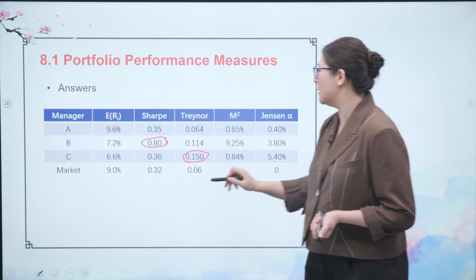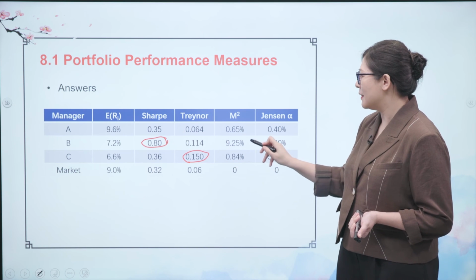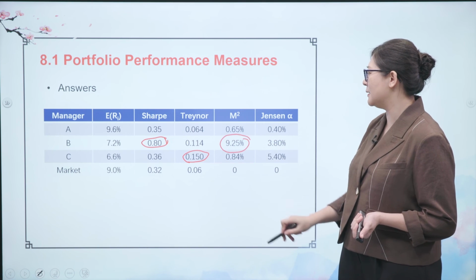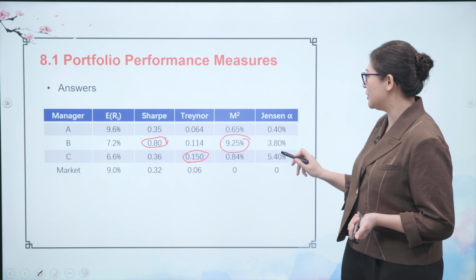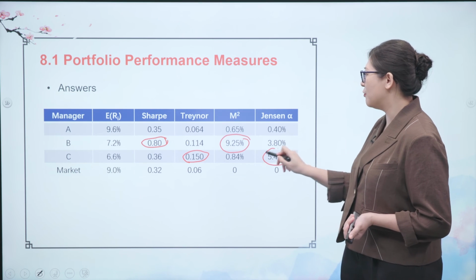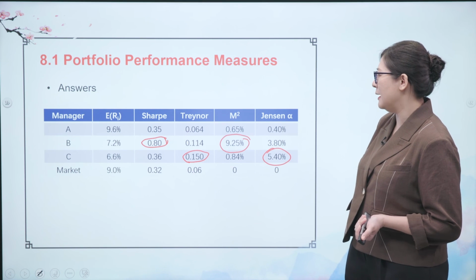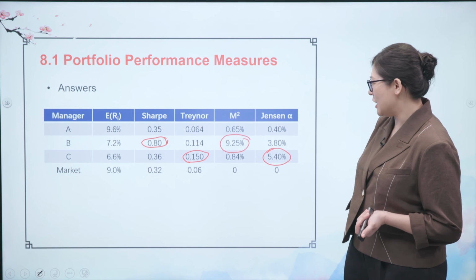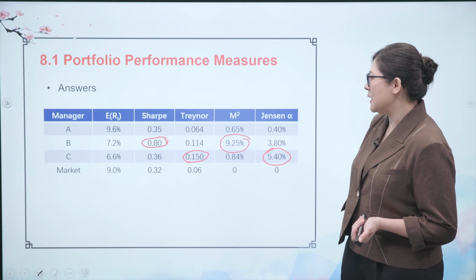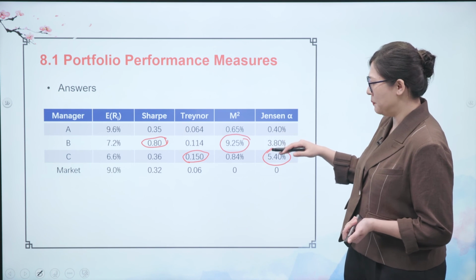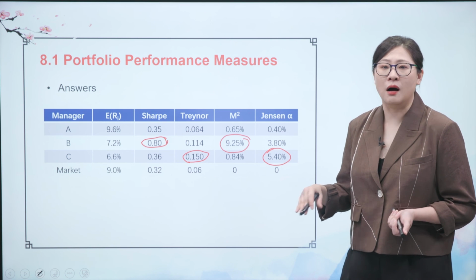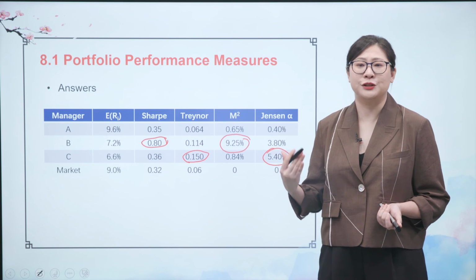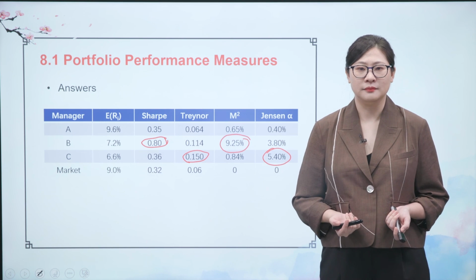For M square, definitely this one is higher. And for Jensen's alpha, manager C is much better. So generally, manager B and C might outperform manager A.